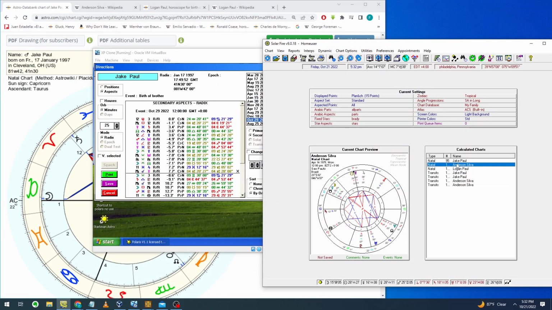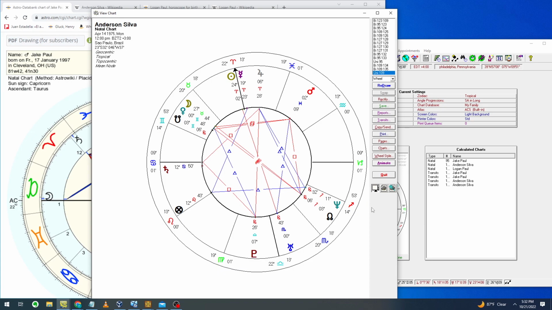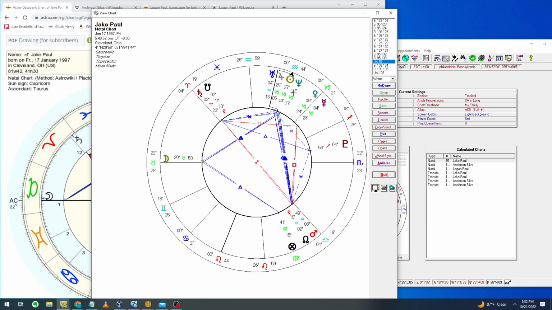Even though we don't have the exact birth time of Anderson, I don't think he's a winner here. This horoscope of Jake Paul is very strong, although at the level of health, this opposition here between Mars and Saturn in bad cosmic conditions indicates very clearly the weakness in the head and the damage to the brain that he receives from the punches in his sport.